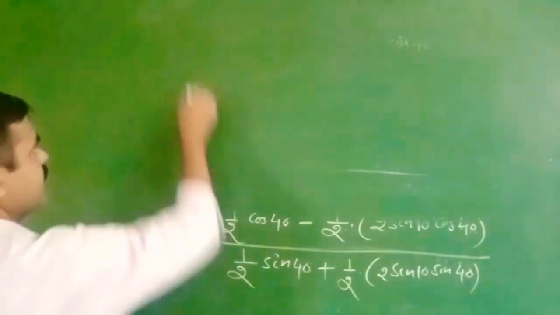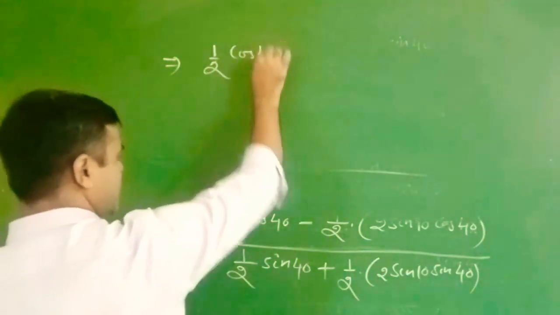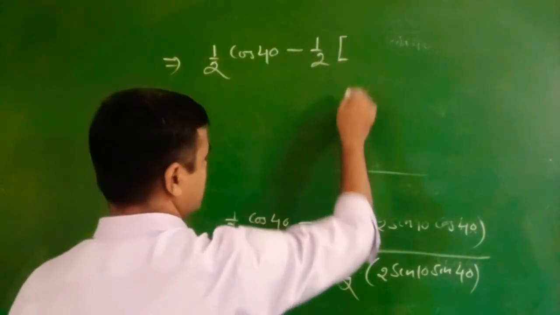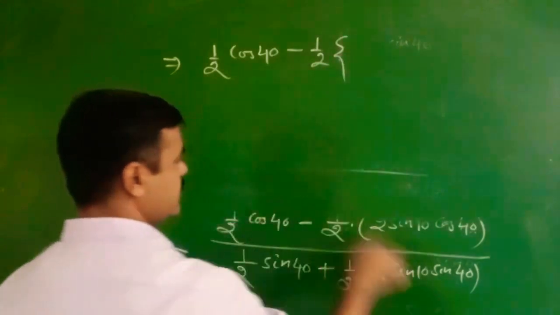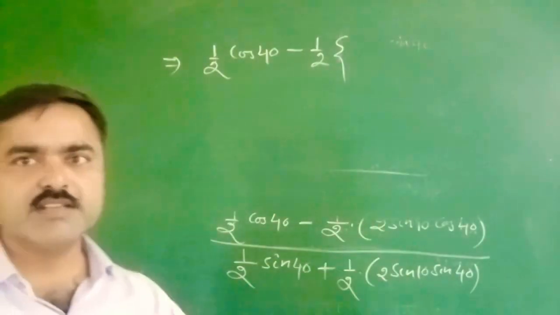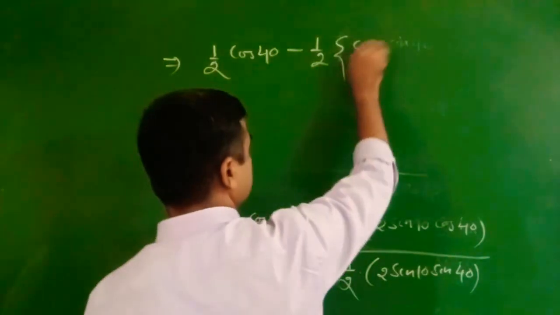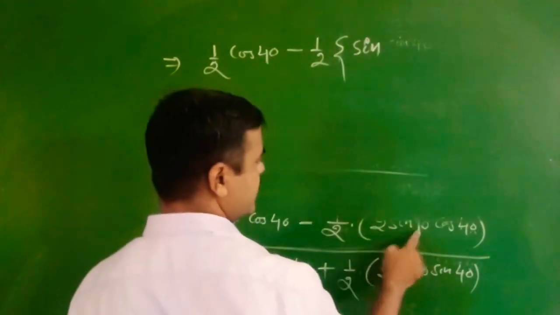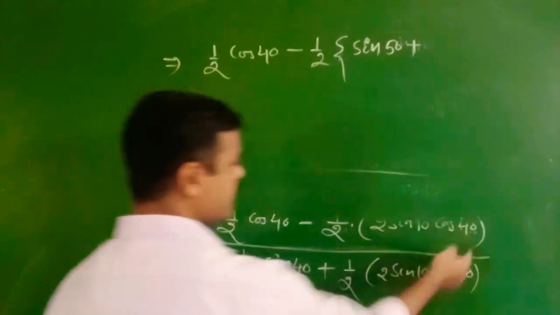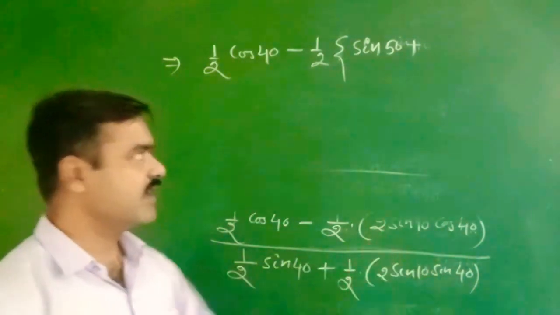So come to step: 1 by 2 cos 40 minus 1 by 2, and this is 2 sin A cos B, and you know 2 sin A cos B means sin A plus B plus sin A minus B. So sin A plus B is 10 plus 40, 50, and plus sin 10 minus 40, minus 30.